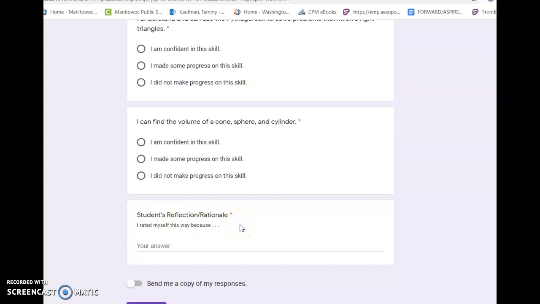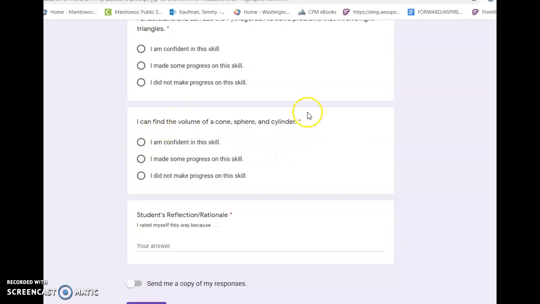The reason I started at the end is because the last one that you're scoring yourself on is the volume of a cone, sphere, and cylinder, and that's actually the first concept that we covered. It asks you to rate yourself. As you remember, the rubric that we've used all year has 4 levels: 4 is robust, 3 proficient, 2 developing, 1 beginning, and 0 no understanding whatsoever.